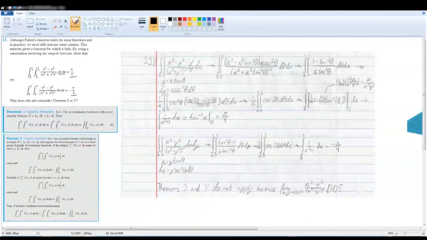So the first thing I did was a tan substitution, just like we did in Calc 2. Since I'm integrating with respect to y, my x is a constant, so my y becomes x tan theta, and the derivative of that is x secant squared theta.